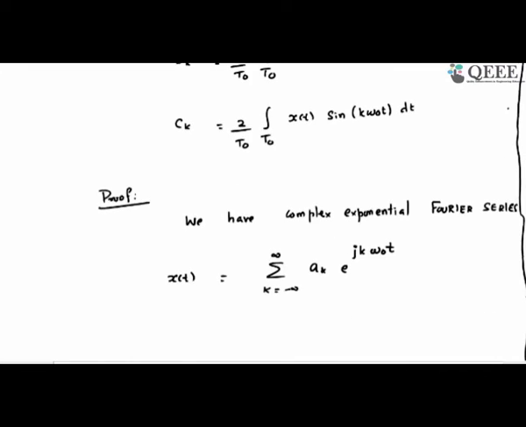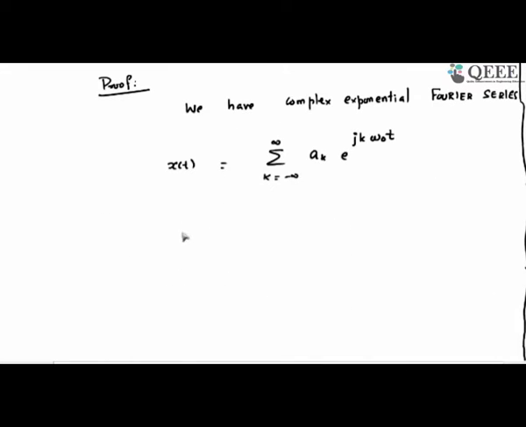And this I can write in terms of three different things: sigma k equals minus infinity to minus 1 of a k e power j k omega naught t, plus the k equals 0 term.